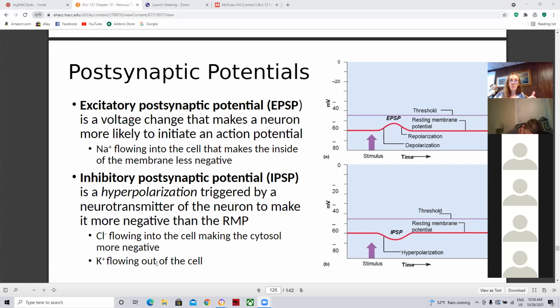Inhibitory postsynaptic potentials are going to make it much less likely to initiate an action potential. Are these types of postsynaptic potentials local potentials or action potentials?